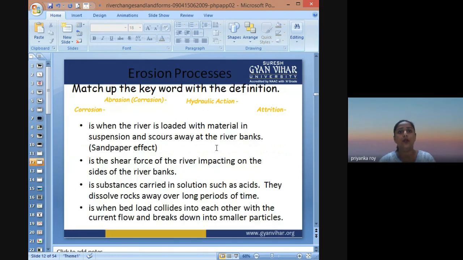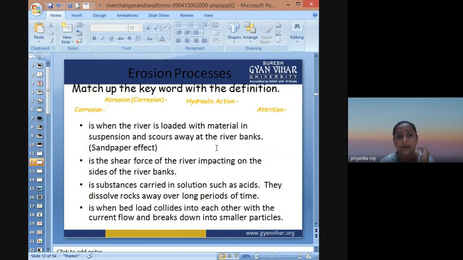Okay, the erosion process includes abrasion, corrosion, hydraulic action, and attrition. The river is loaded with material in suspension and wears away the river banks. It is the shear force of the river that impacts on the sides of the river banks.